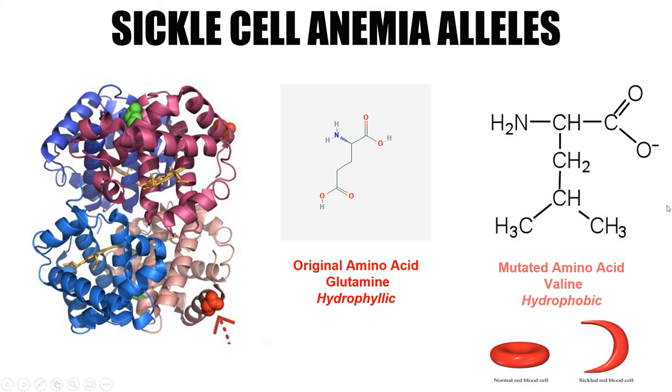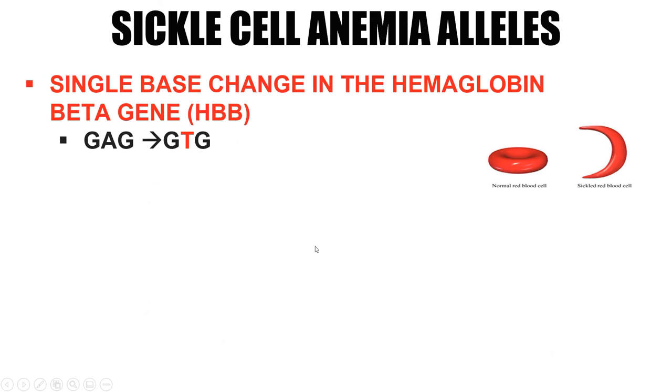So this one turns into a valine. And this valine has nothing but carbons and hydrogens. So just like the lipids, it's hydrophobic. And under low oxygen conditions, you go from a normal red blood cell to one that is sickle-shaped.